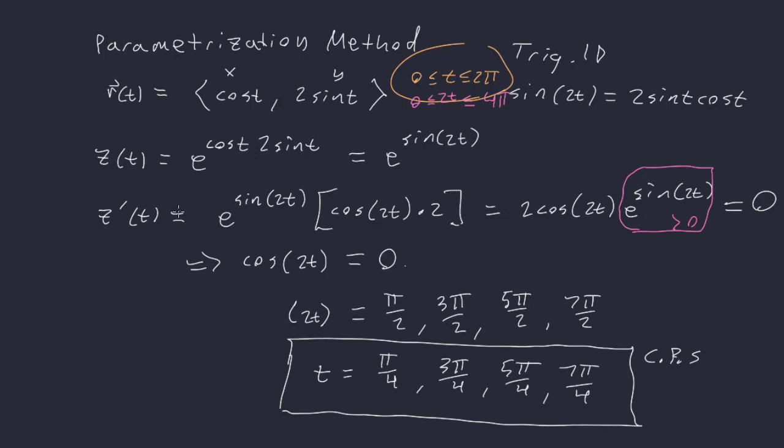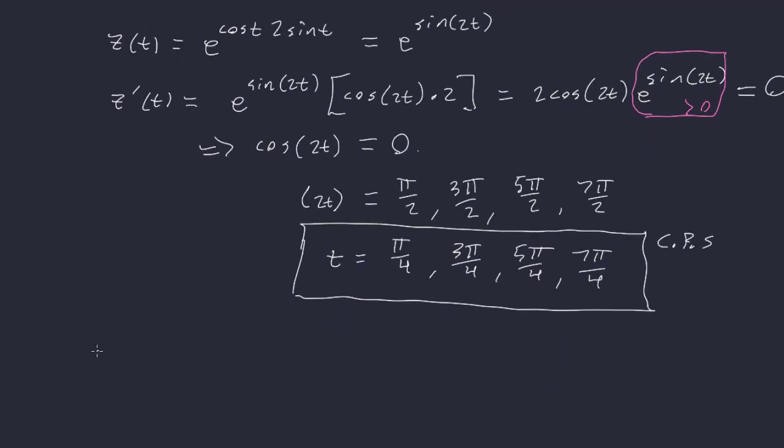And now we just need to plug them in and see which is the highest and the lowest. So z of pi over 4 is e to the sine of 2 times that, so sine of pi over 2, which is e to the 1.